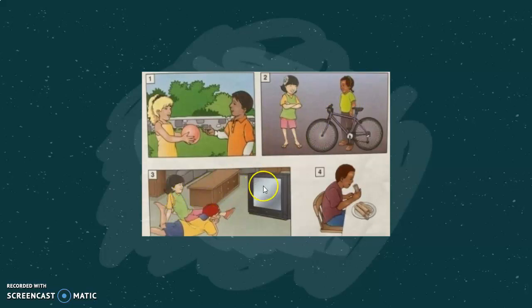Isabel mira la televisión con Antonio en casa. Número 4. Pablo come los churros. How would we say Pablo likes the churros? A Pablo le gustan los churros. Muy bien. Excelente, clase.